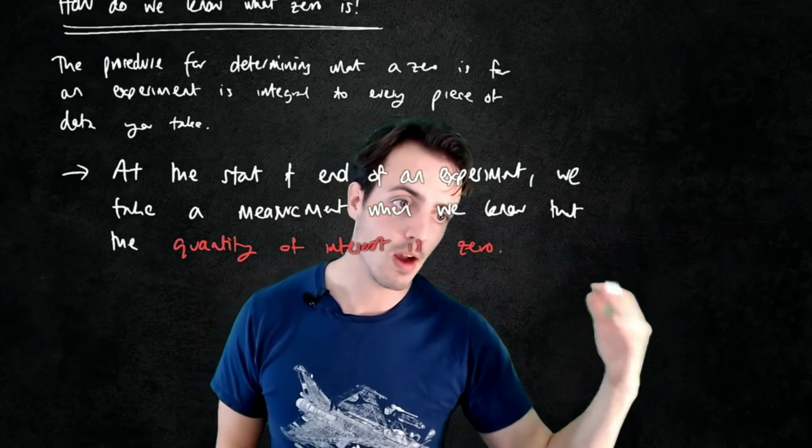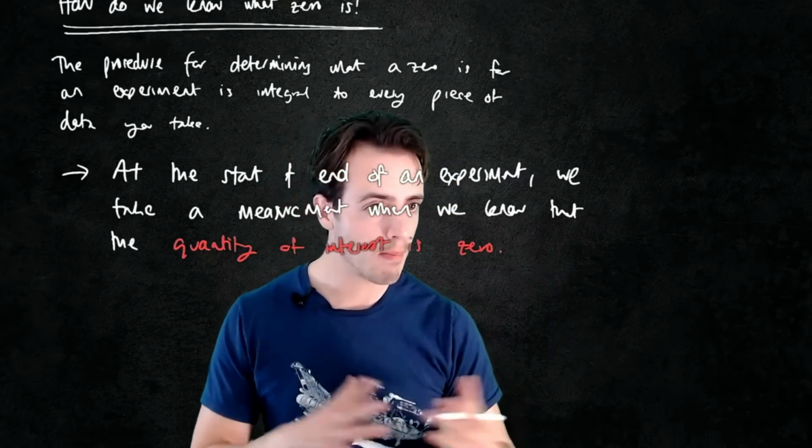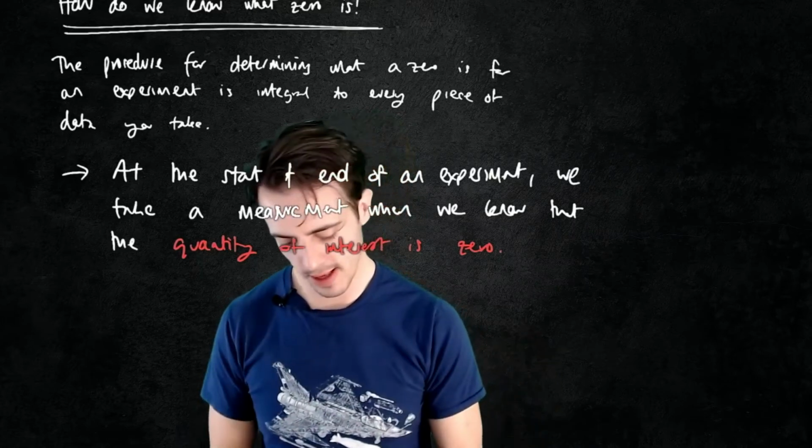The one that we take at the start is called the start zero. The one that we take at the end will be called the end zero. And you can take many of these to check the repeatability.